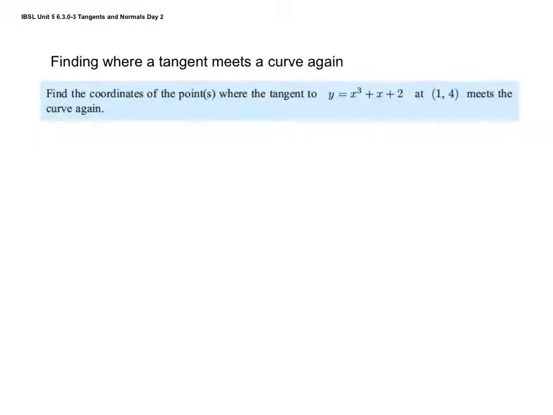Because obviously, if a graph curves back on itself like this, I could have a line that is tangent here, but then later on, because it curved back on itself, we intersect the line again over here. Well, we can actually find that point, and that's what this application here is.